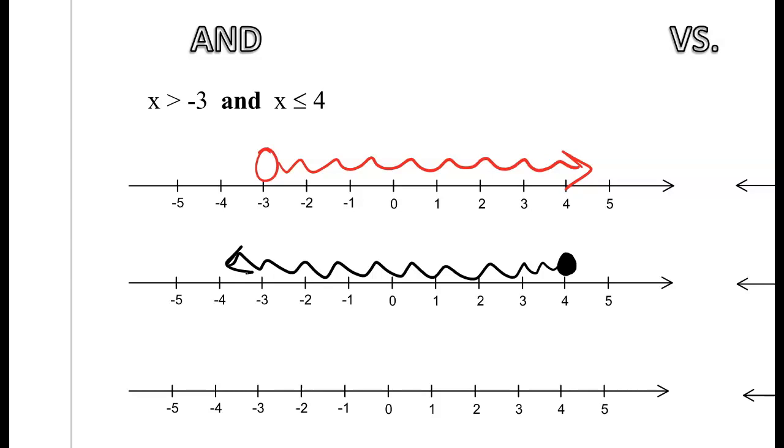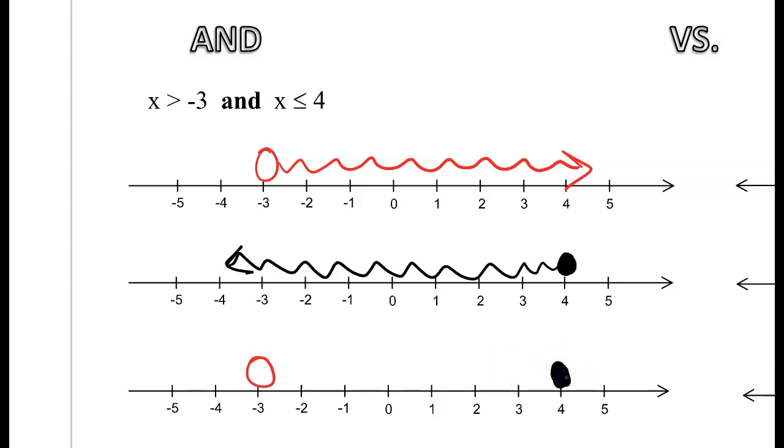Okay? So when I graph this as a compound inequality, so far I did it one at a time, but the actual answer to what this graph should look like, I will put on the bottom number line here. So basically, I need to put my open circle on -3, my closed circle on +4 like I had for those previous two number lines.